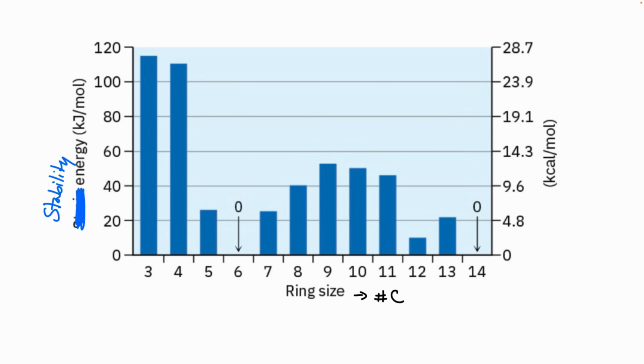And then as soon as we get to 5 carbons, there's this massive drop that we see in our stability here. So our 5 carbon rings are quite stable, and then the most stable ring structures are those 6 carbon rings. All right? You can have larger ones. 7 carbons are about as stable as 5. You can go larger than that. We're going to focus on these small ones here and try to understand these big differences in energy that we see in terms of the stability of these ring structures.